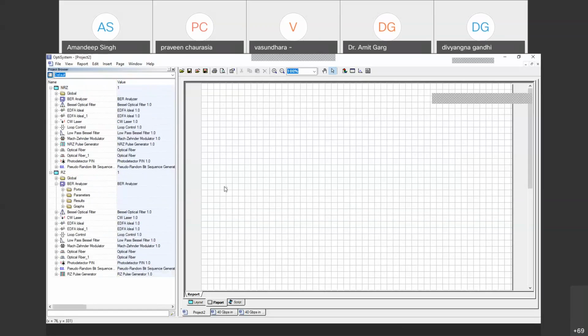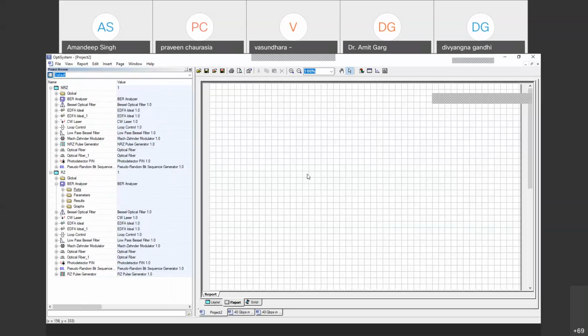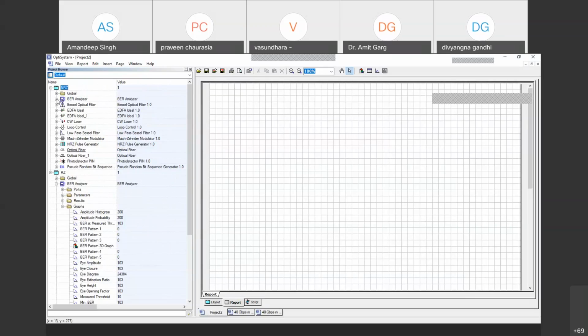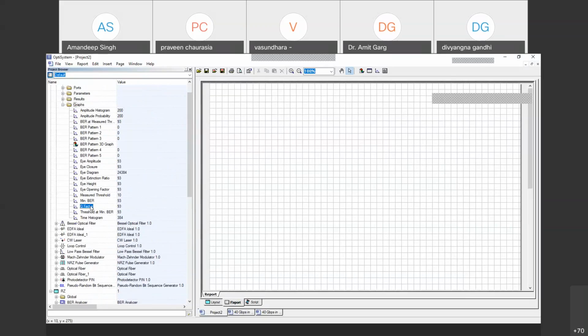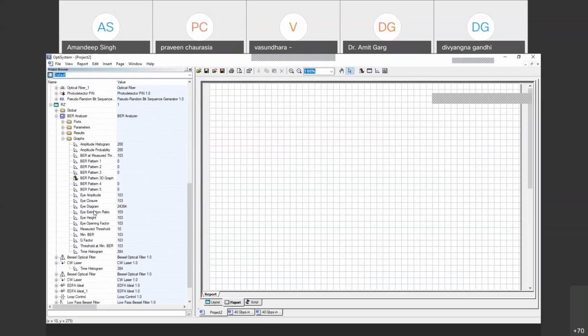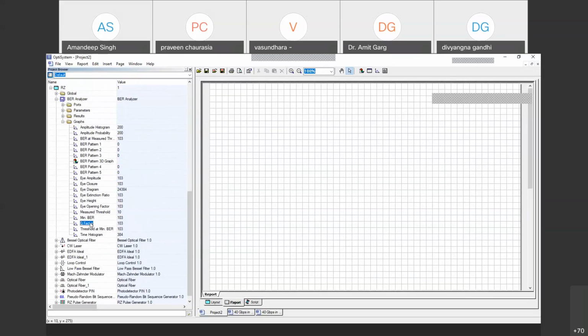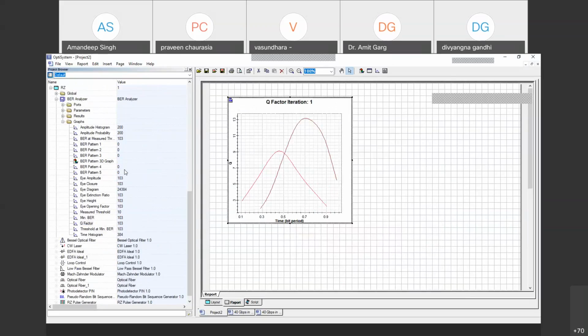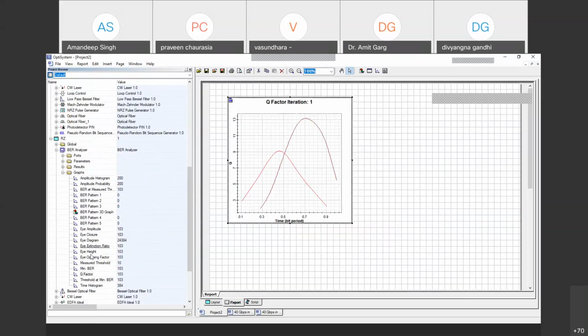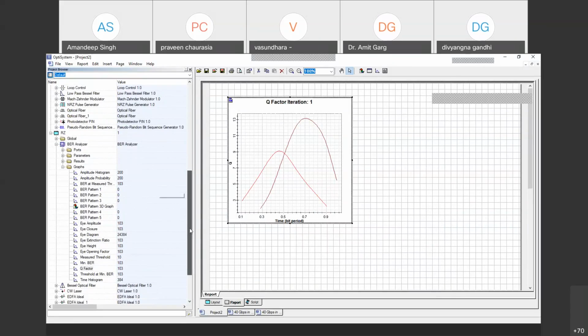Anyone? Any doubt up to this part? Okay, fine. So I was talking about the results and their comparison. So Q factor, then again, it is up to us how we want to compare it.